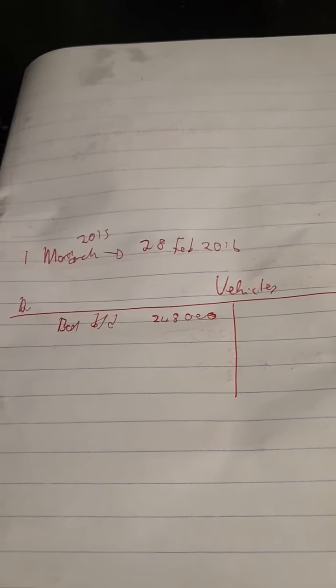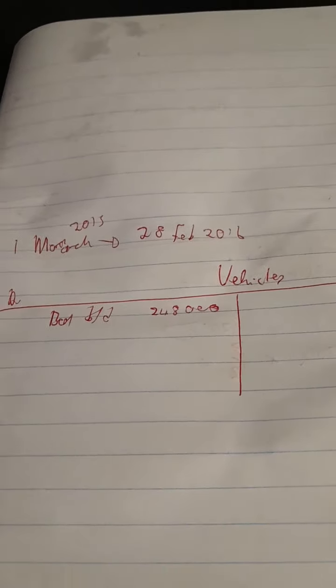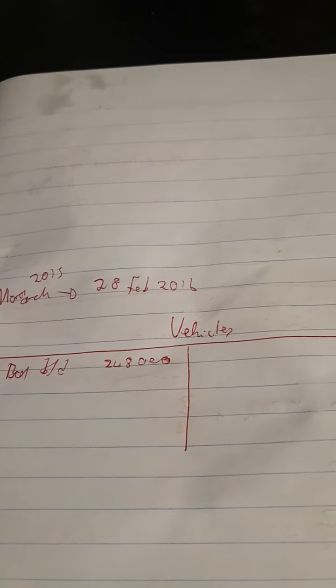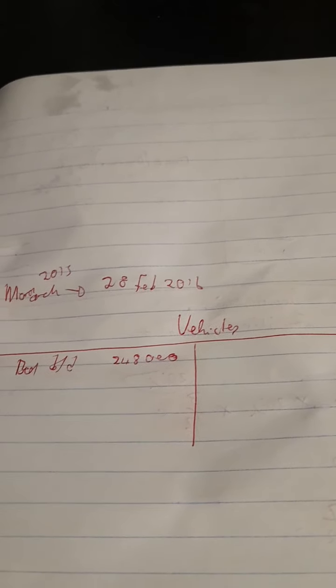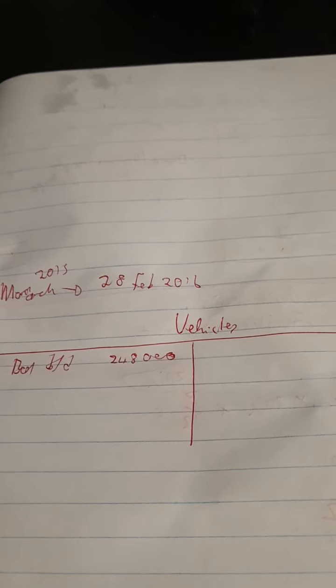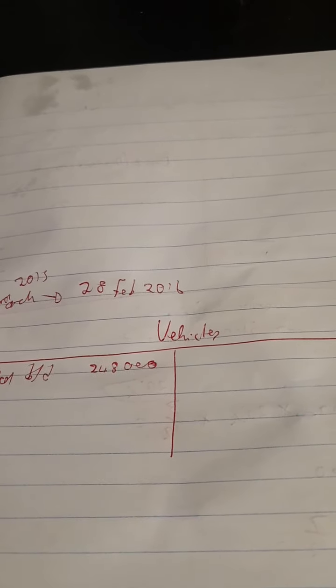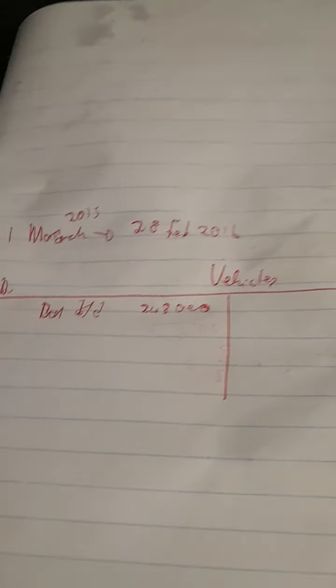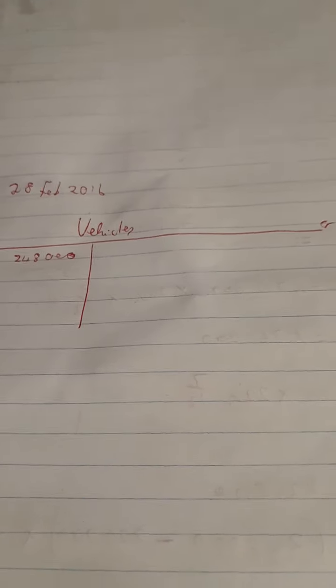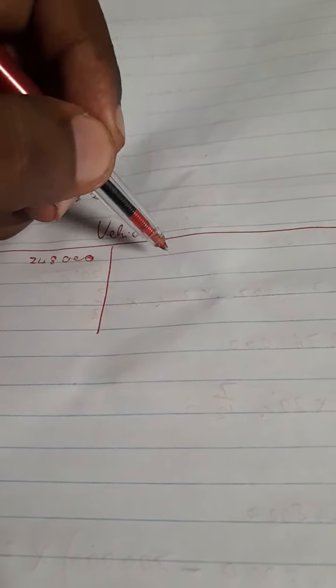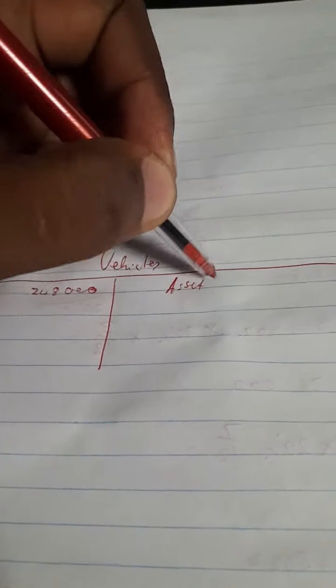On 30 May, we sold a vehicle which was originally purchased on 1 September 2012 for 85,000. They're telling us that this vehicle that we sold was costing 85,000. Then you come to your credit side. You will remember that our format says here we have asset disposal.